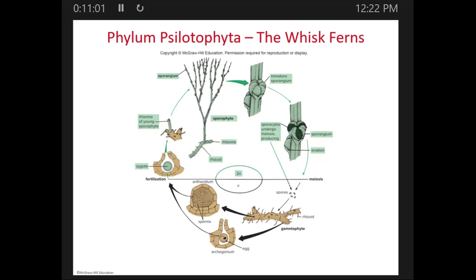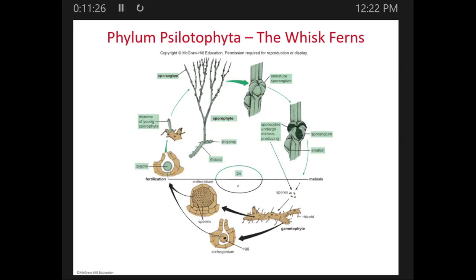And then you have the spores getting released out of the sporangium. And then hopefully they're going to germinate and grow. And then the gametophyte, you tend not to see it at all. But they're trying to show that it's bisexual. You have both the male and female. And then once you have the sperm and egg fertilized, then you're back into the sporophyte phase.